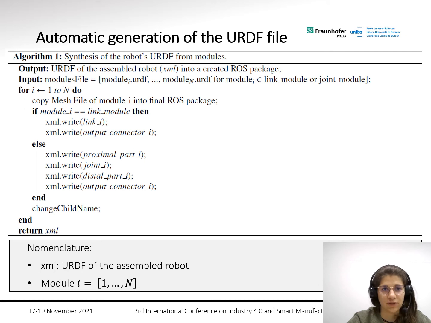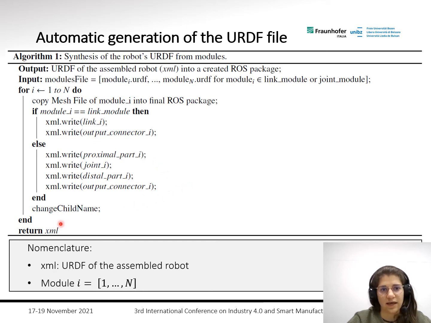This is the algorithm that I presented, just reported in a more mathematical way. And so the final output, as mentioned before, is a URDF of the assembled robot, here indicated as XML, in a created ROS package. And then what the algorithm does is to verify whether the input module is a link or a joint module.